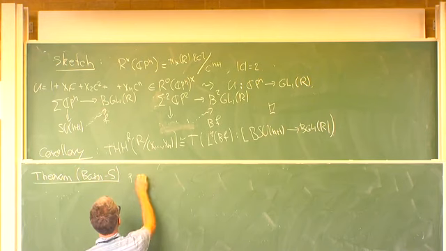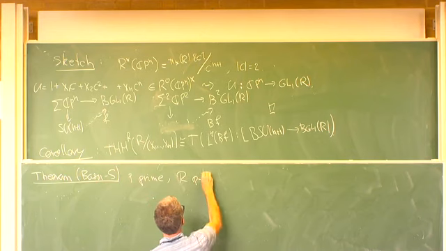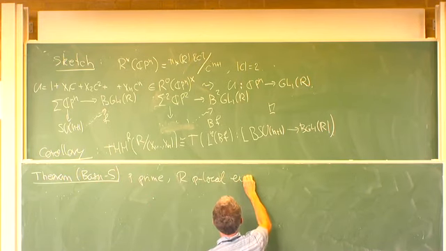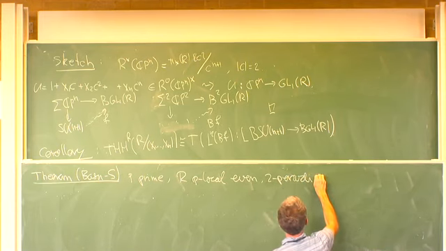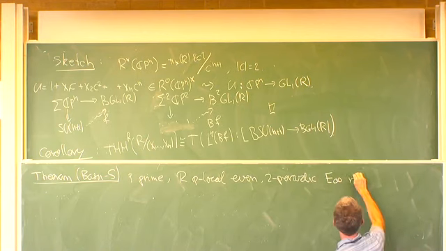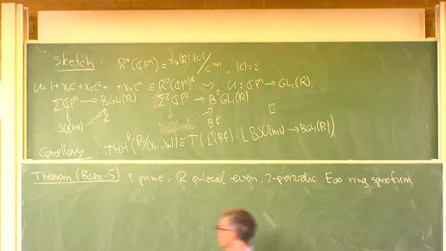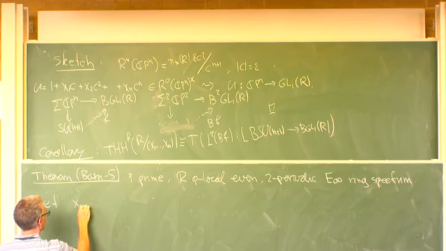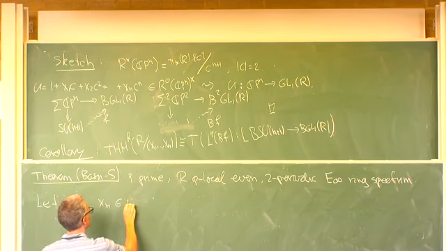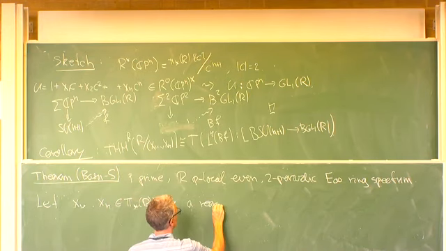So we have p a prime, and R is a p-local even 2-periodic E-infinity ring spectrum. So we make quite a lot of assumptions on R in order to be able to make this calculation. Then let's suppose that we have elements in the homotopy groups of R that actually form a regular sequence.